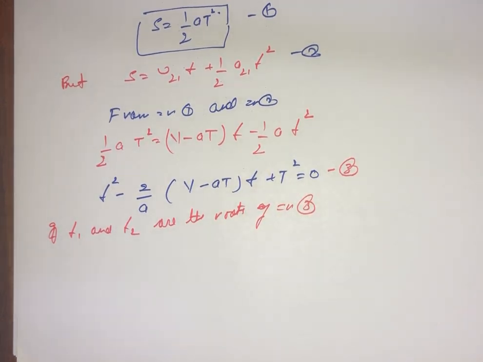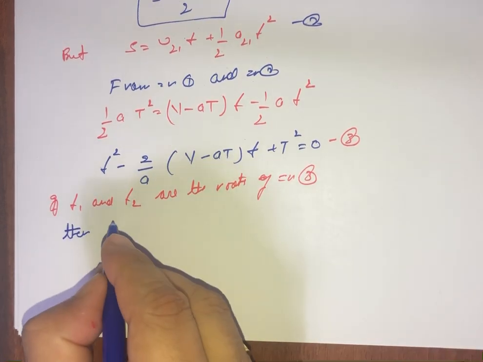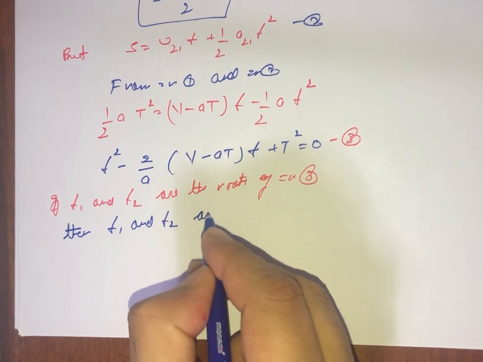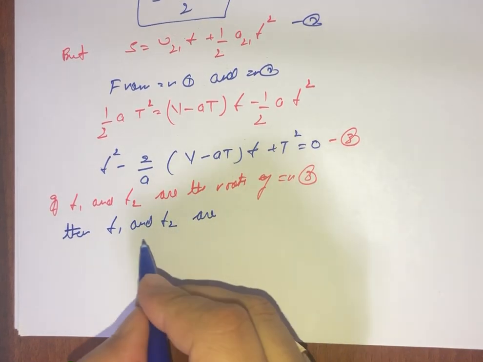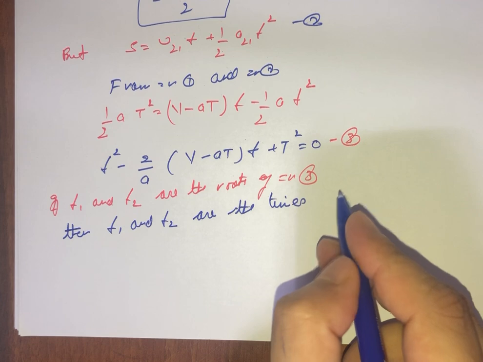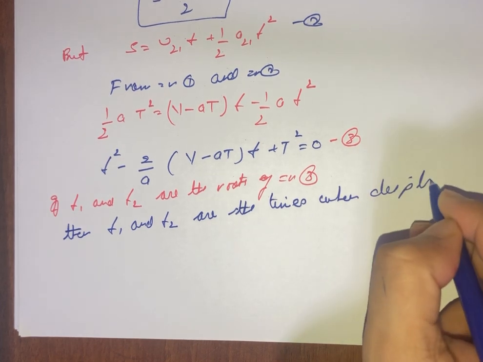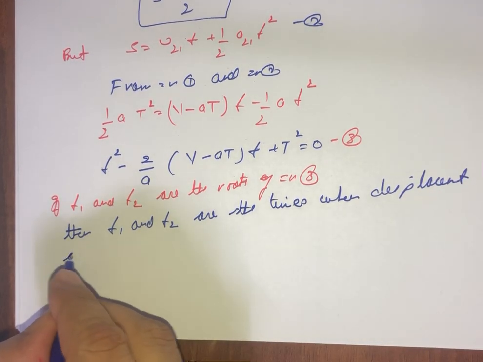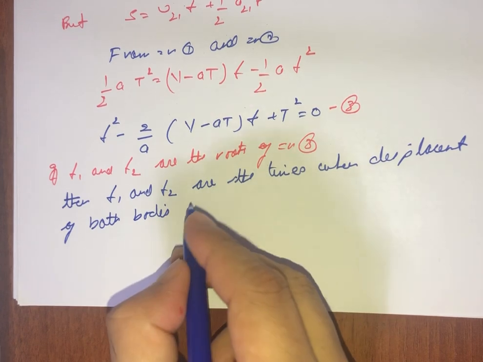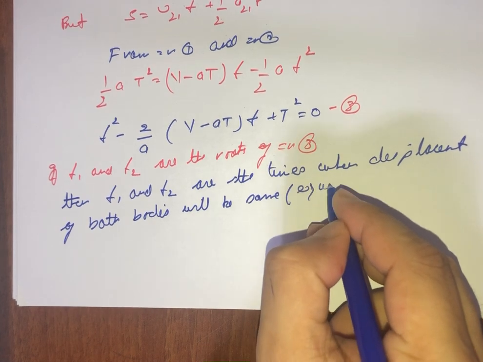Then t1 and t2 are the times when the displacement of both the bodies will be the same, or we can say equal.